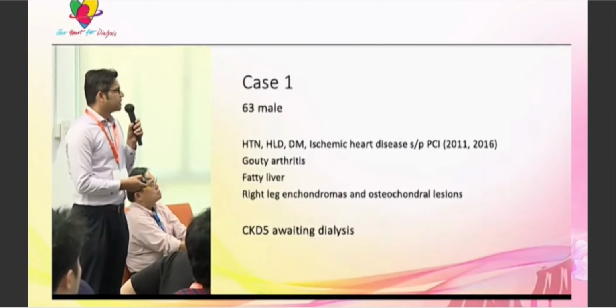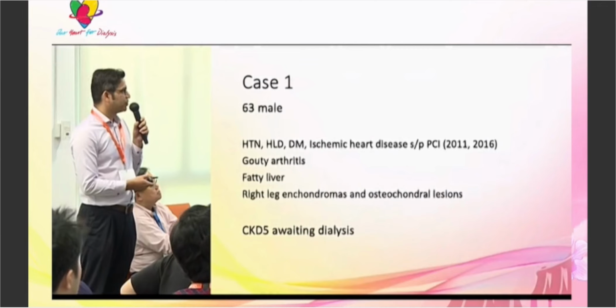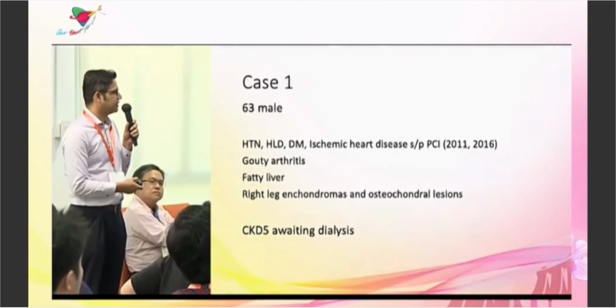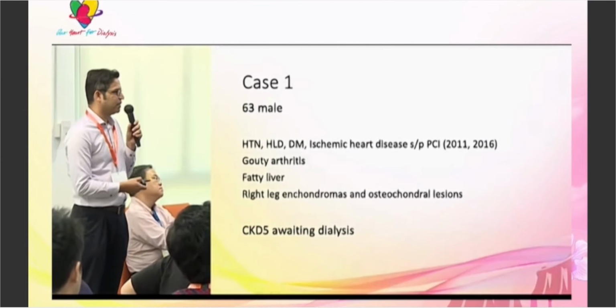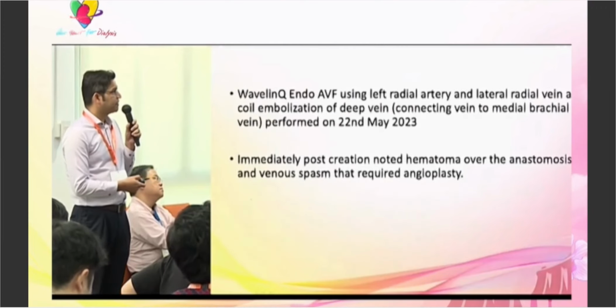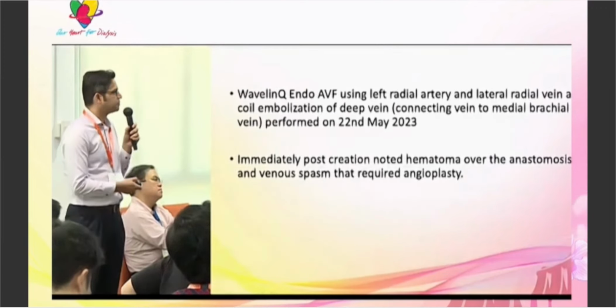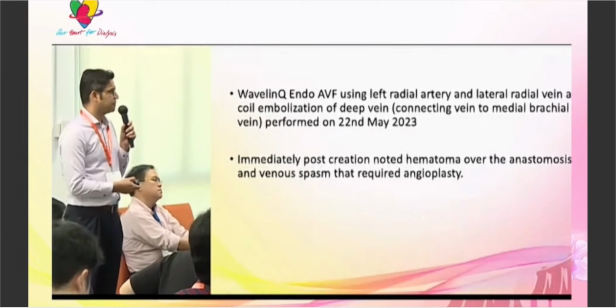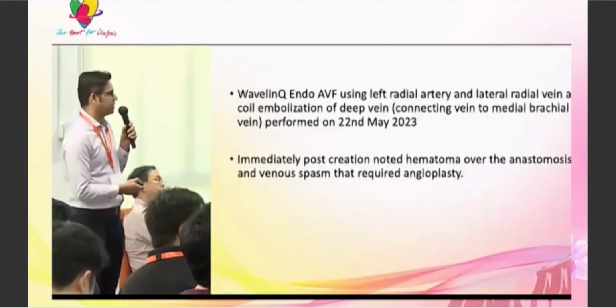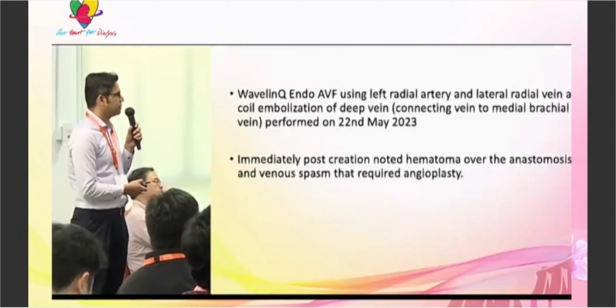So the first case is the usual 63-year-old man with all the risk factors, plus gout and fatty liver, and he was not yet initiated on dialysis. His renal functions were fine. And an endo-AVF was created in May this year. During the procedure itself, we encountered some hematoma, which resolved with gentle pressure and some gentle angioplasty of the spasmodic segment.